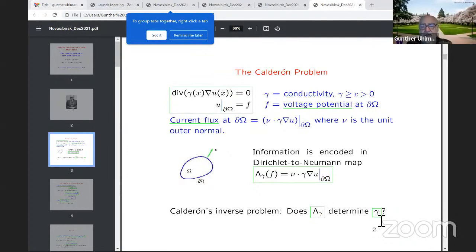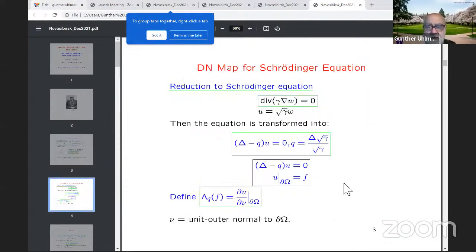There are many aspects: uniqueness, stability, reconstruction, numerical algorithms, and so on. In this talk, I'm putting emphasis on the basic question of uniqueness. The way it has been done for the most part is to reduce the problem to the Schrödinger equation by performing this transformation of the dependent variables.